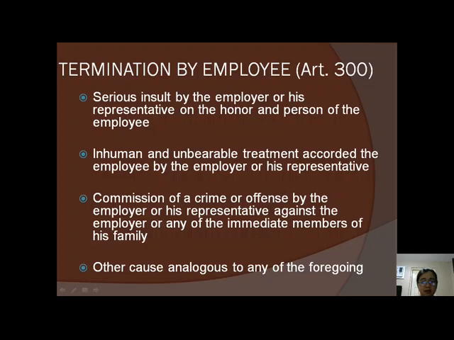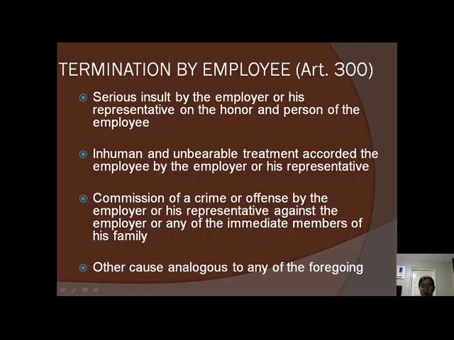These are circumstances based on Article 300 wherein the employee can terminate his employment.